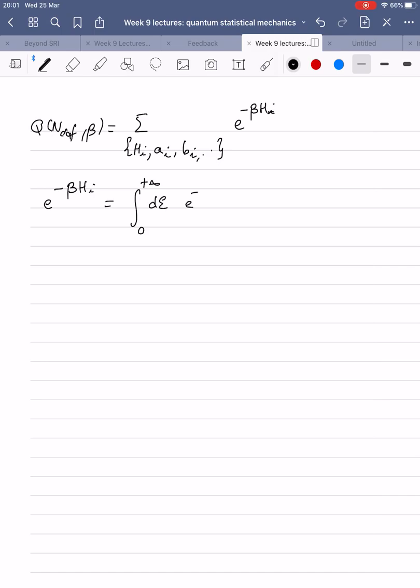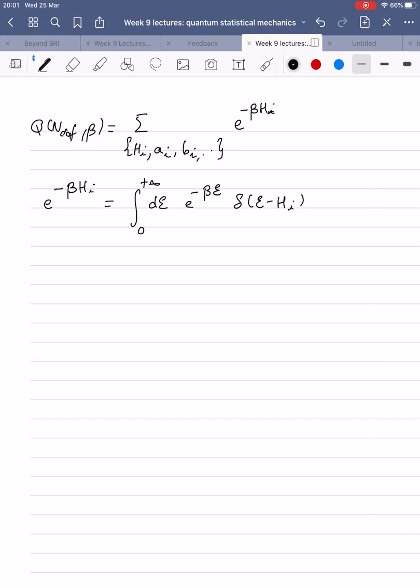Okay, so that's what we are going to do here. So we start off with the same expression. So Q_QM of beta is equal to sum over H_i, etc., exponential minus beta H_i. And now I will write some identity, right? Exponential minus beta H_i is equal to the integral from 0 to plus infinity d epsilon exponential minus beta epsilon delta of epsilon minus H_i. Okay, that's good.